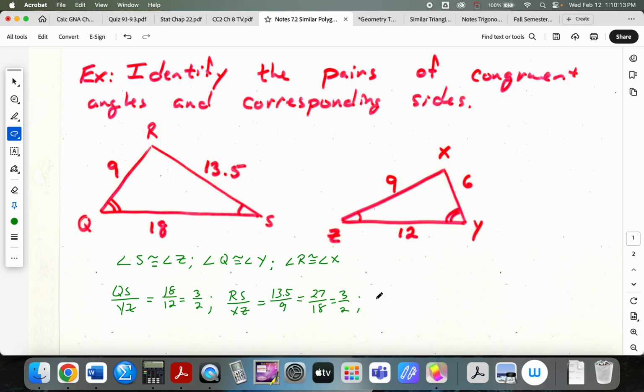And then we'll do the two short sides. So that's going to be RQ to XY. That's 9 to 6, which is also 3 to 2. So what's happened here, you don't need to write this, but the corresponding angles are congruent. The corresponding sides are proportional.